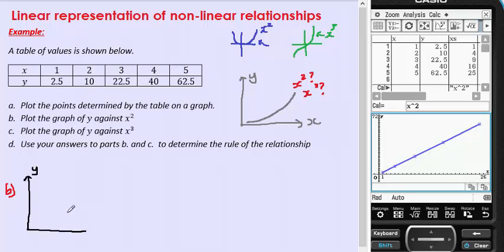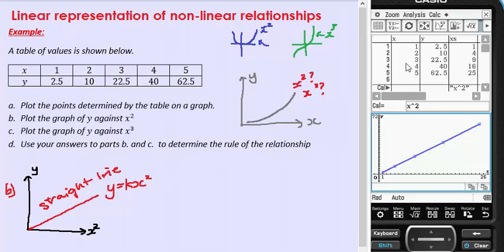When I plot y, and remember this is the x squared axis, I get a straight line. Because it's a straight line, I know that the rule of the relationship has something to do with y equals kx squared. I'm going to write that down because I will be using it for part D.